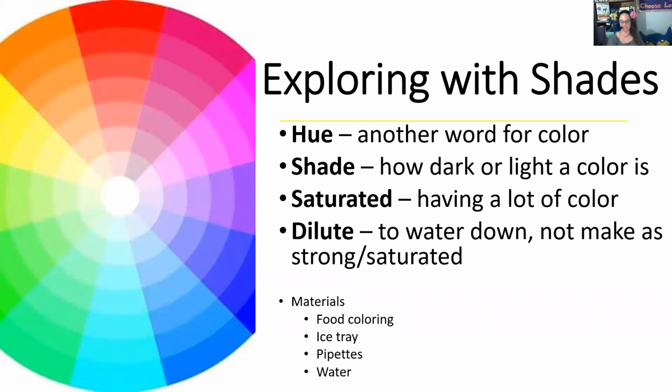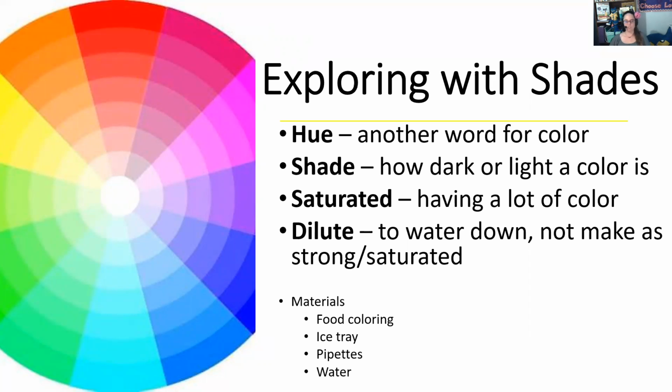Exploring with shades. This, you can use the vocabulary words. Hue is another word for color. Shade, how dark or light a color is. Saturated, having a lot of color. Dilute, to water down, so not make as strong or saturated. Materials: food coloring, ice tray, pipettes, and water.